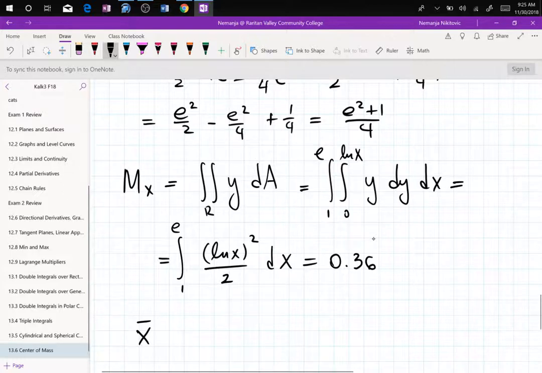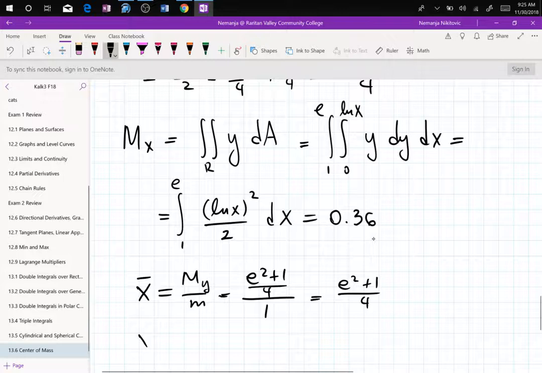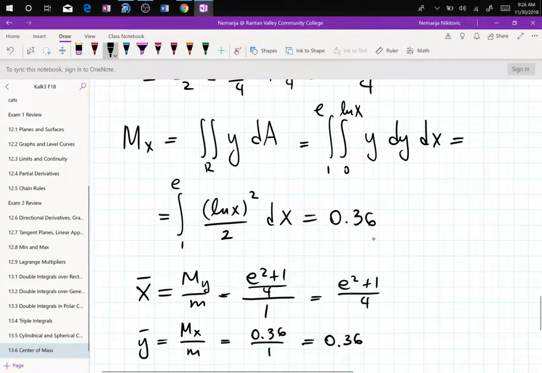X bar is my divided by m, which is e squared plus 1 over 4 divided by mass, which was 1. So e squared plus 1 over 4. And our y bar is mx divided by m, which is 0.36 divided by 1, which is 0.36.